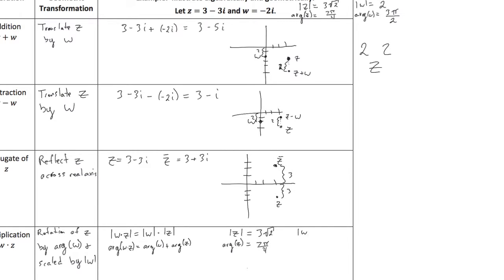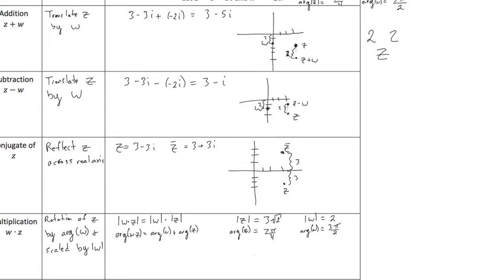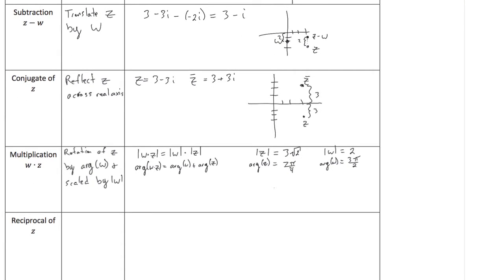And modulus W equals 2, arg W equals 3 pi over 2. So let's put those together. I'm going to do it on the side over here so I can leave some room, I'll just graph it on the side.